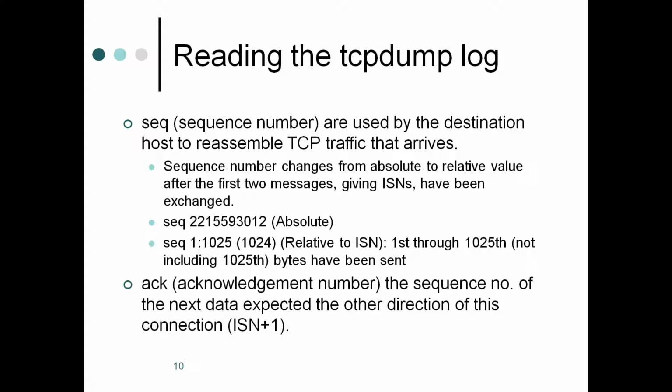So what it is saying is, there are 100,024 frames. So the first 2025 bytes have been sent, then 24 bytes have been sent to the receiver. And the acknowledgement number is the sequence number of the next data expected in the other direction.